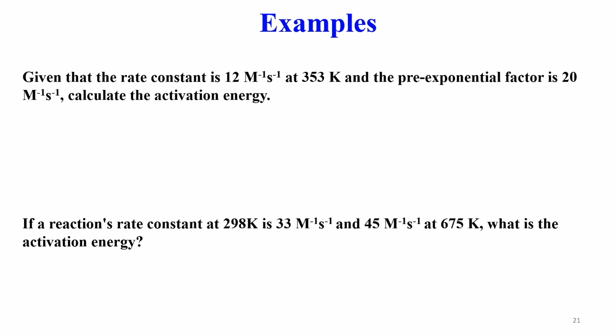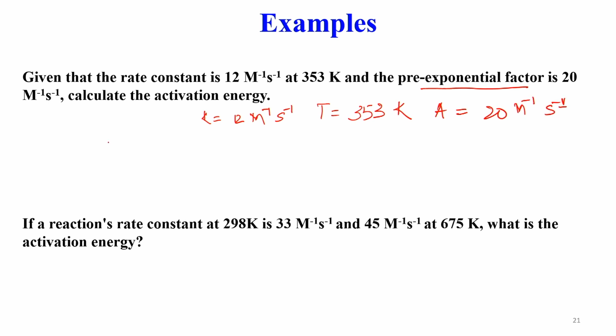Now, I have listed two examples. In the first case, the rate constant k is given to us, k is 12 mole inverse second inverse, temperature is 353 K, and the pre-exponential factor A is given here, A is 20 mole inverse second inverse.